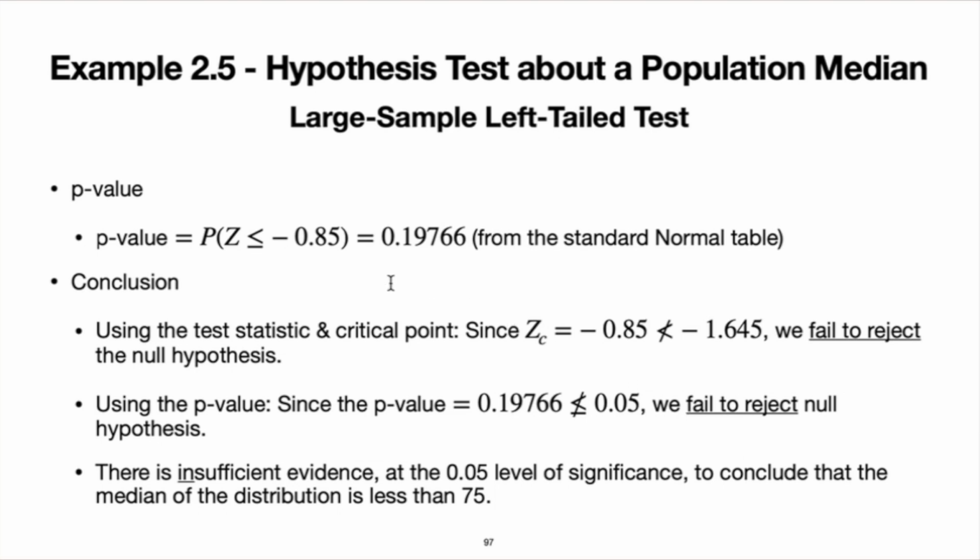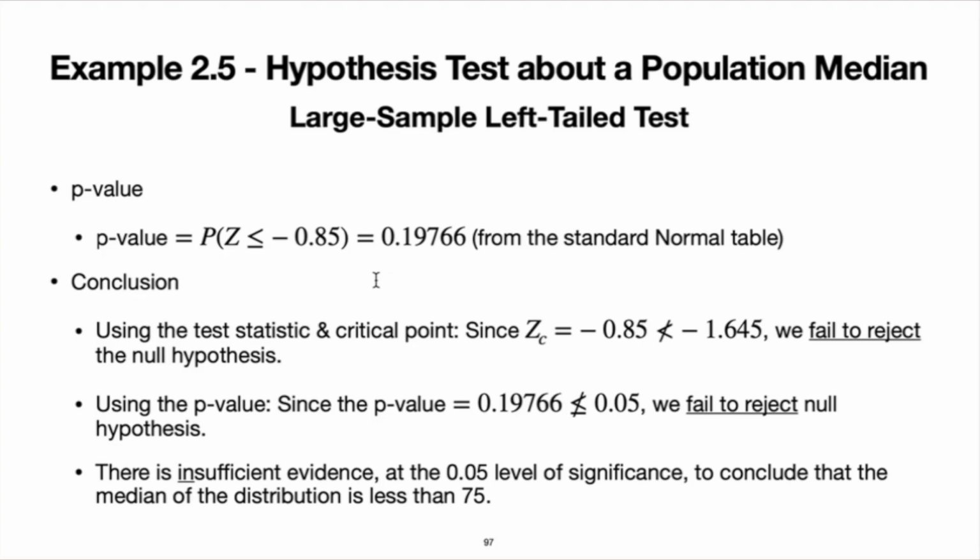The p-value, because this is a left-tailed test, is equal to the probability that the standard normal random variable z is less than or equal to the observed value of our test statistic, z-calc, which is negative 0.85. And that is equal to 0.19766. And again, we get that from the standard normal table without having to construct the particular sampling distribution, the binomial distribution with n equal to 50 and p equal to 0.5. We don't have to go through that process.